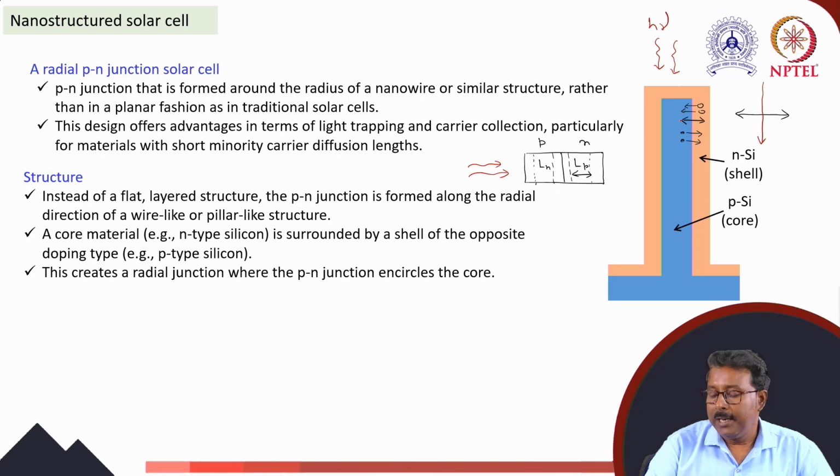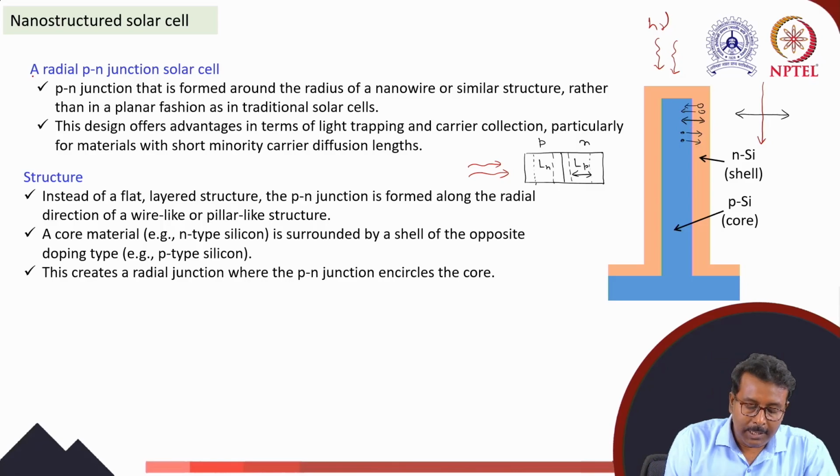But in the case of a radial p-n junction, it is not like that. You can increase the height of the rod, which will increase absorption of light, and that will not affect the carrier separation because carriers are separated radially. So this is the basic concept behind the radial p-n junction solar cell.